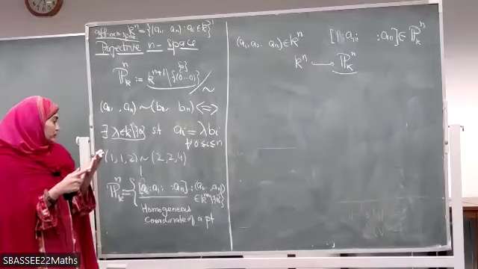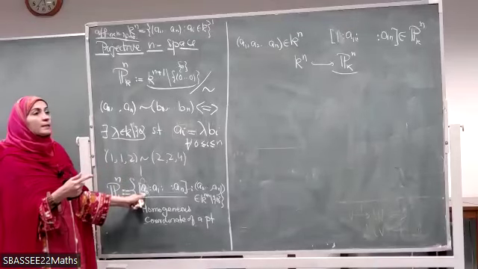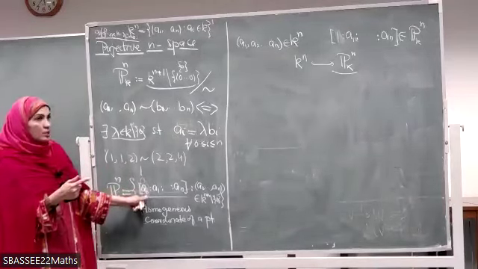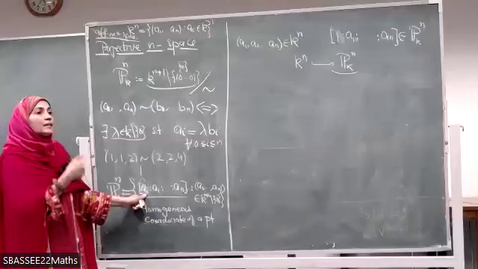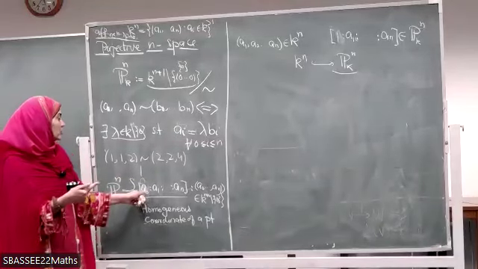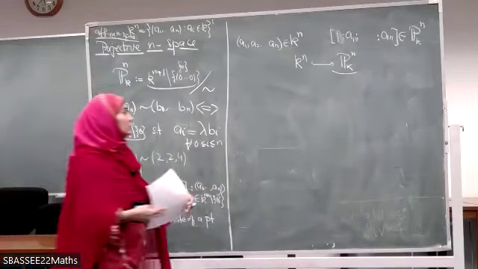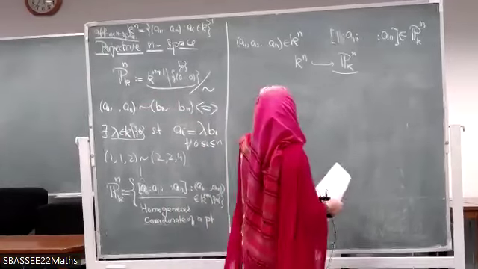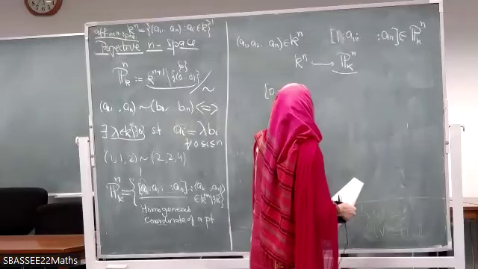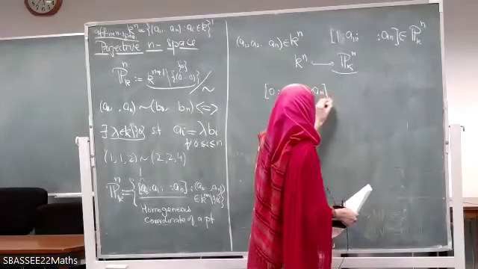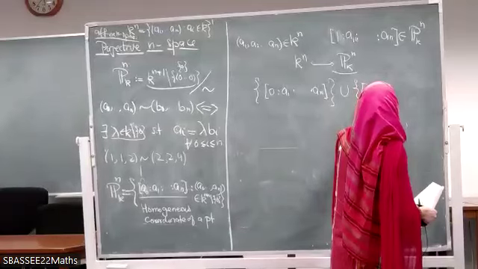I'm not saying every coordinate, but if you fix this position, it can be equal to 0 or non-zero. Whenever it is non-zero, I can choose it as 1. So this means that I can write this set in this way. I have two types of elements: when it is 0, and when it is non-zero, where I can put 1.